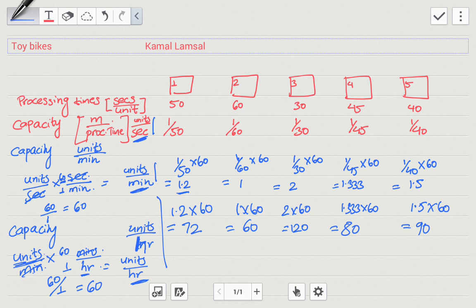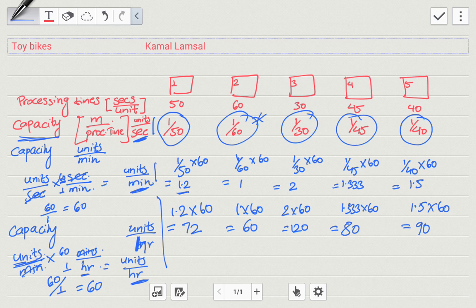To find the bottleneck of the process, we can look at any capacity. It should give us the same answer. Let's look at all 3 capacities. Using units per second, remember, what is the definition of bottleneck? The bottleneck is the step with the lowest capacity. So among 1 by 50, 1 by 60, 1 by 30, 1 by 45, and 1 by 40, 1 by 60 is the smallest value.